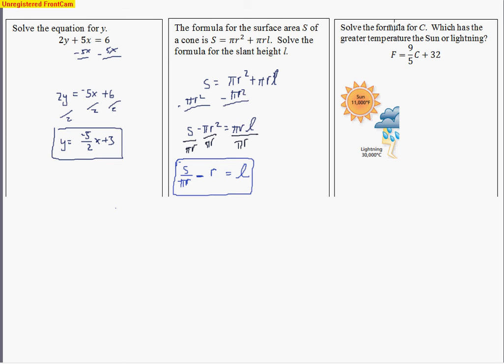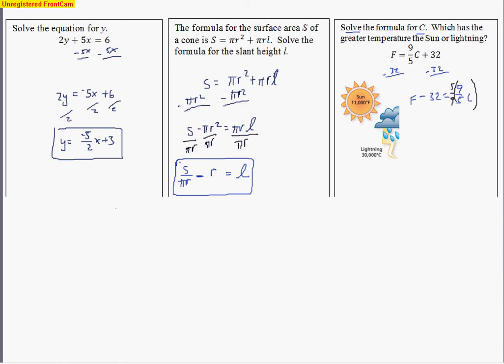So the next one says two-part. Solve for c first. So I'm going to subtract the 32. And when I do that, I have now f minus 32 equals 9/5 c. So the next step is to get rid of this fraction. And you get rid of fractions by multiplying by reciprocals when those fractions are being multiplied by a variable.